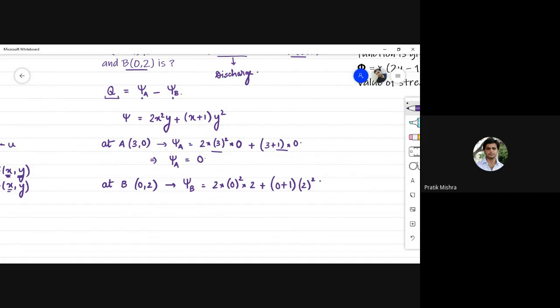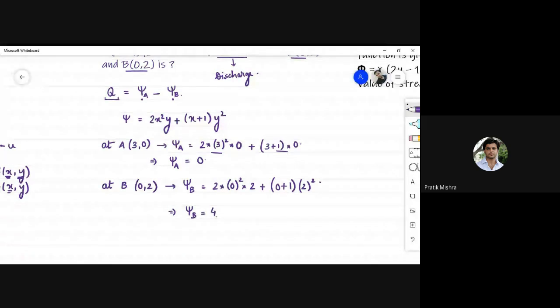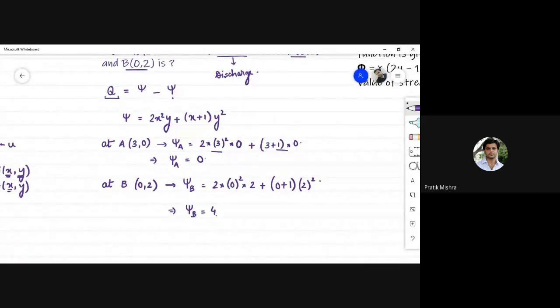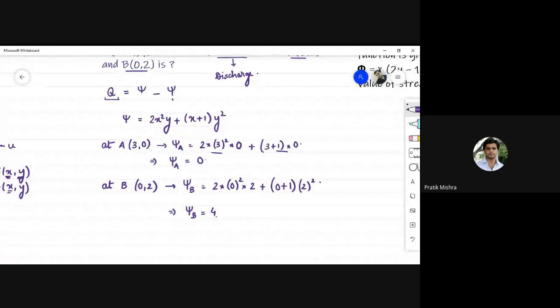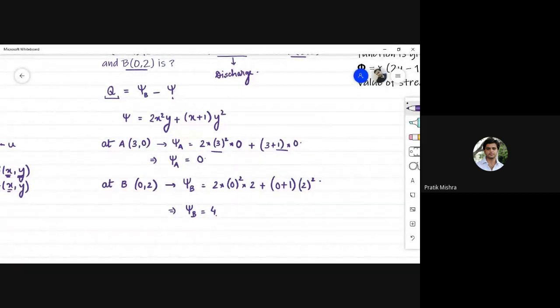So from here you get the value of psi B. Psi B comes out to be 4. Change this a little here. It is psi B minus psi A. This is psi B minus psi A.